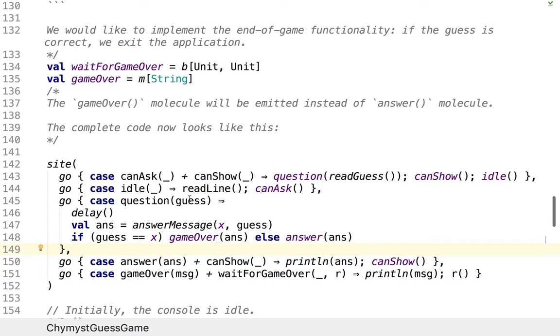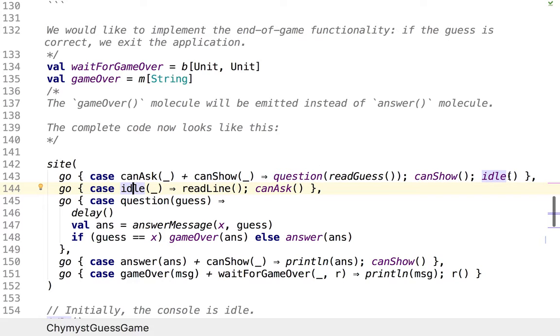Well, one thing I can notice about this code is that the molecule idle gives rise to this reaction and is never consumed anywhere else. And this reaction doesn't have to proceed in parallel with the previous one, and it cannot actually.